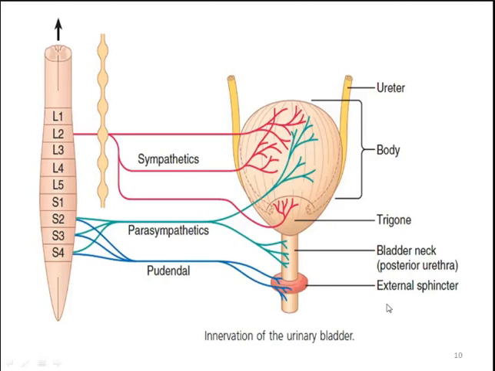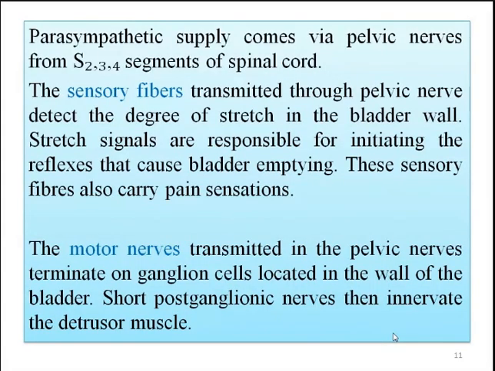So, innervation of the urinary bladder. The parasympathetic supply comes via pelvic nerves, from the S2, 3, 4 segments of the spinal cord. These pelvic nerves have sensory fibers and motor fibers. The sensory fibers detect the degree of stretch.